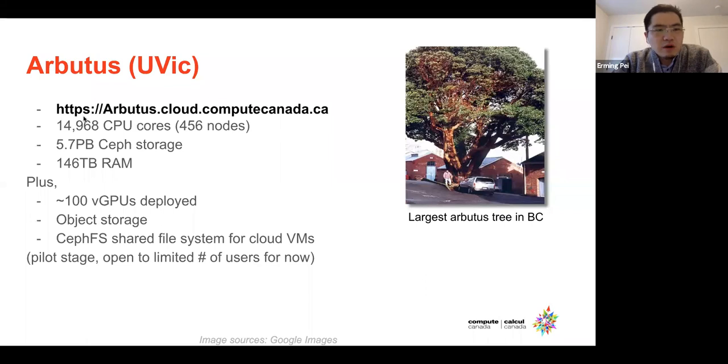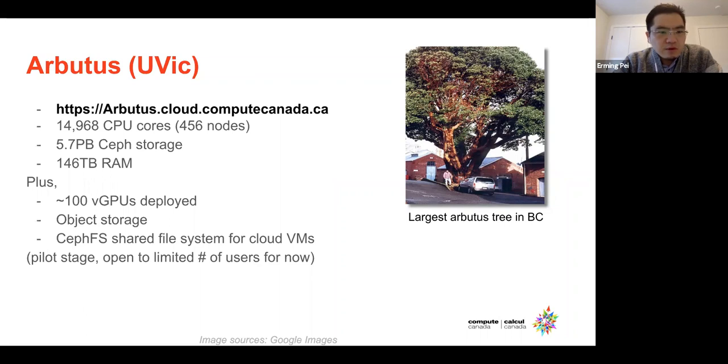This is the URL for users to access the Arbutus cloud service. It has roughly 15,000 CPU cores on top of 456 nodes, 5.7 petabytes of Ceph-managed storage, and 146 terabytes of RAM.